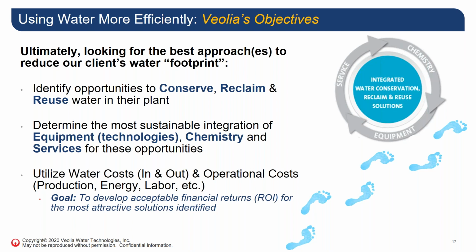Secondly, determine where we can find the most sustainable combination of equipment, chemistry, and services to take advantage of those opportunities. And then utilize the total cost of water model to come up with the true ROI that you have available to you should you embark upon and execute any of those projects that you've outlined in your efforts.